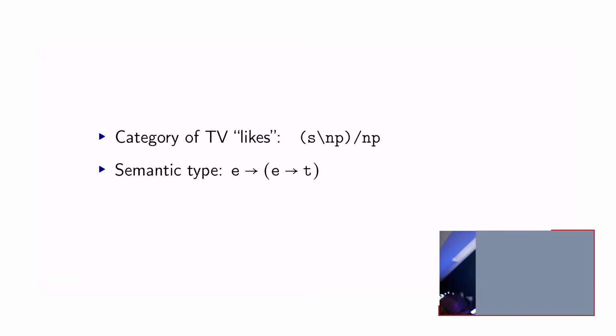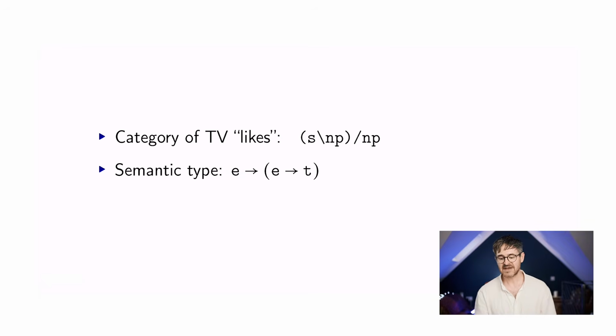Let's take the example of a transitive verb, 'likes'. It's going to have this category. And that means it wants a noun phrase, like a name, on its right, and it wants another noun phrase on its left. And if you do that, it's going to give you a sentence. So this is the grammar, the syntax of the term 'likes'. But that's going to correspond really closely to what we said in our type theory, right?